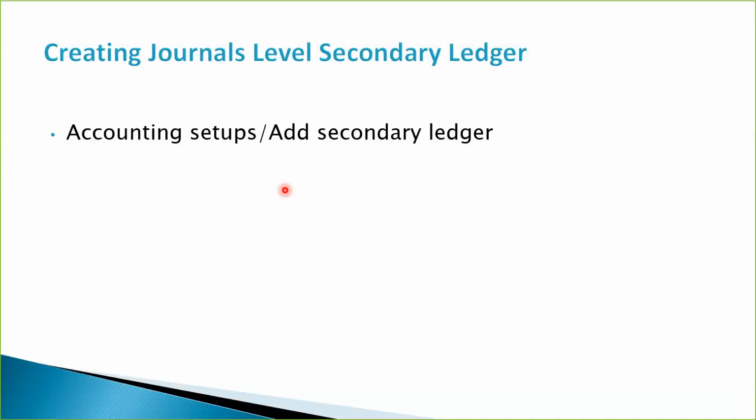All right, so how do we create a secondary ledger? We go to the accounting setups page, and then we add a secondary ledger. Okay, so it's as easy as that. Of course, there are options that we have to fill in, and we are going to see that when we go to that page.